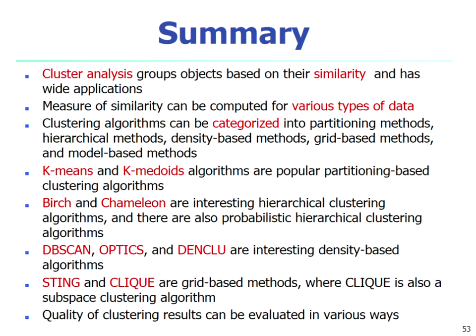BIRCH and Chameleon are interesting hierarchical clustering algorithms, and there are also probabilistic hierarchical clustering algorithms. For hierarchical algorithms, we said that we have to create a dendrogram, and after that we will cut this dendrogram to extract groups. DBSCAN, OPTICS, and DENCLUE are interesting density-based algorithms. STING and CLIQUE are grid-based methods, where CLIQUE is also a subspace clustering algorithm.